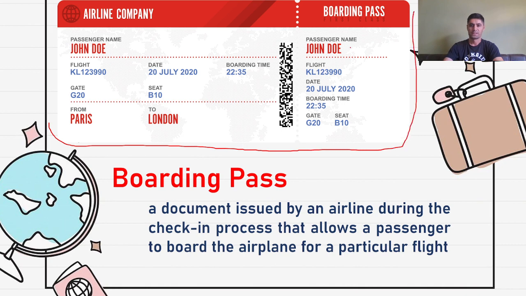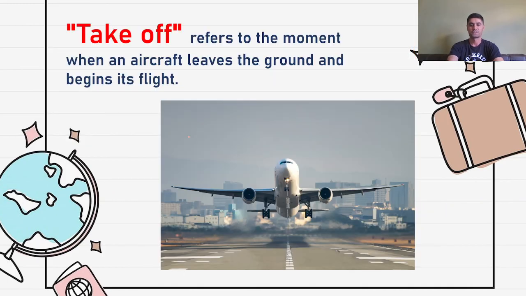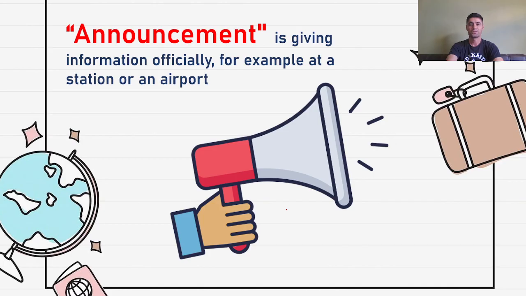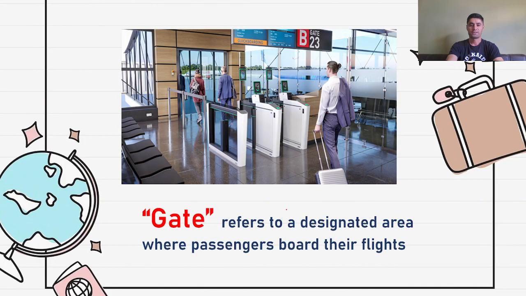It's normally on one side of your ticket, which you use to get your luggage once you get to your destination. Takeoff is the moment when the plane leaves the ground. Announcement. A gate is, of course, before boarding the plane, you should find your gate.